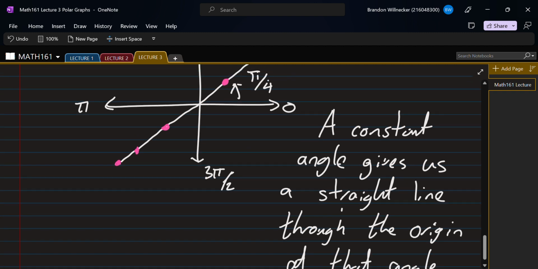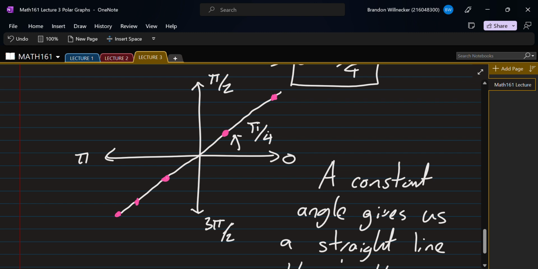Okay, so if theta is equal to pi over 6, then that means there's a straight line through the origin at pi over 6 radians, or 30 degrees. Okay, so if the radius is not specified, but you are given a constant angle, that just means it's a straight line.